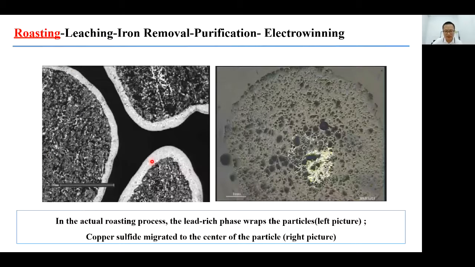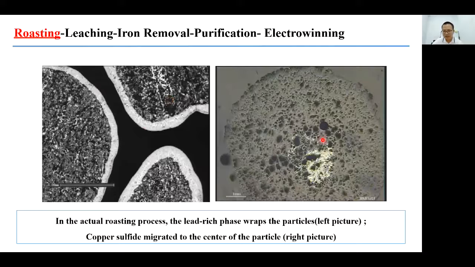This layer may have harmful effects on the leaching result because it hinders the penetration of the aqueous solution into the particles.